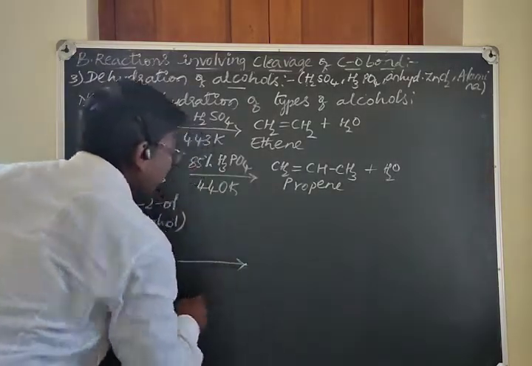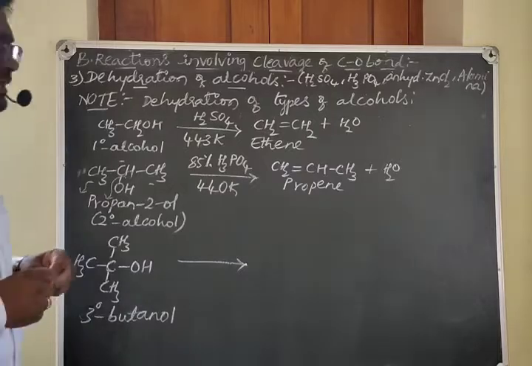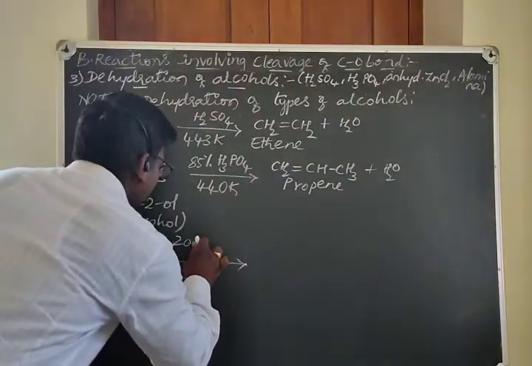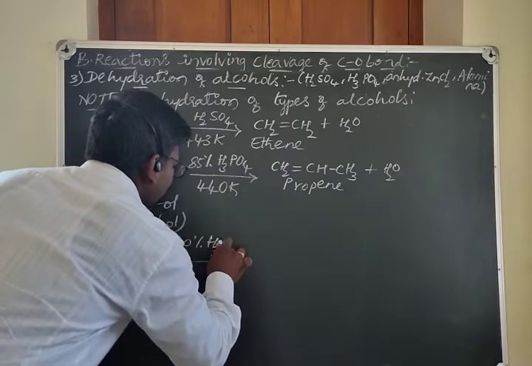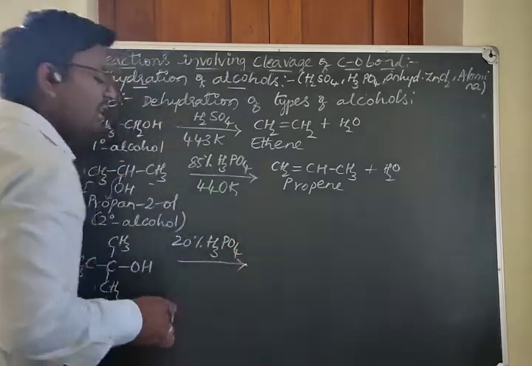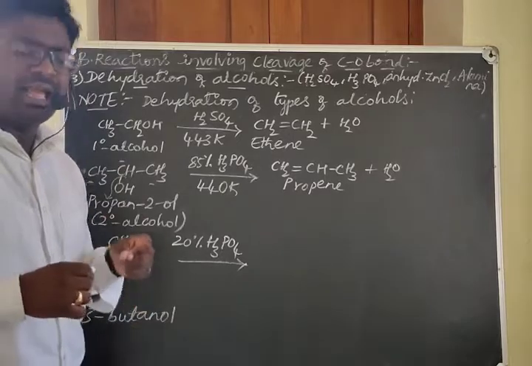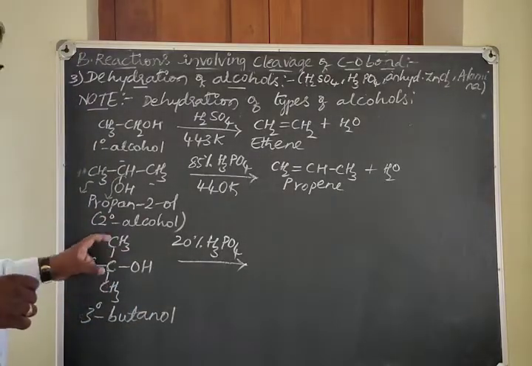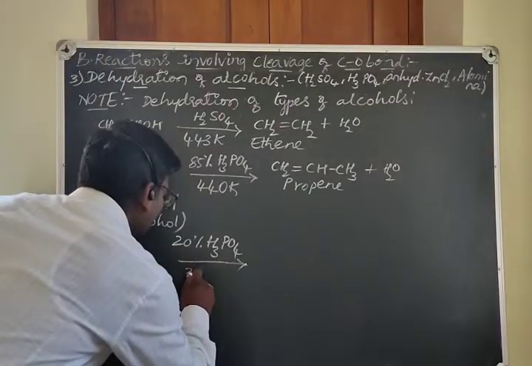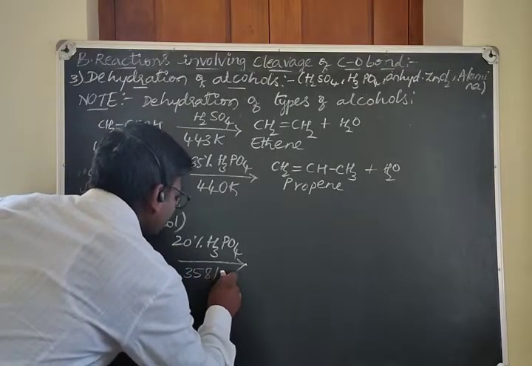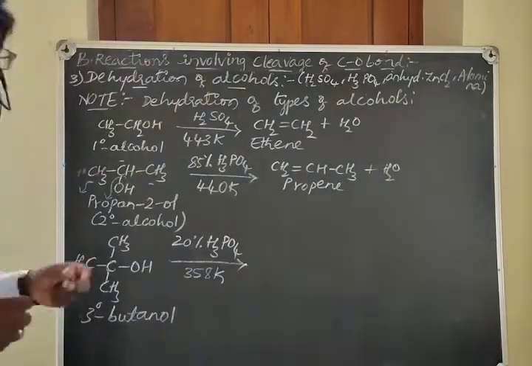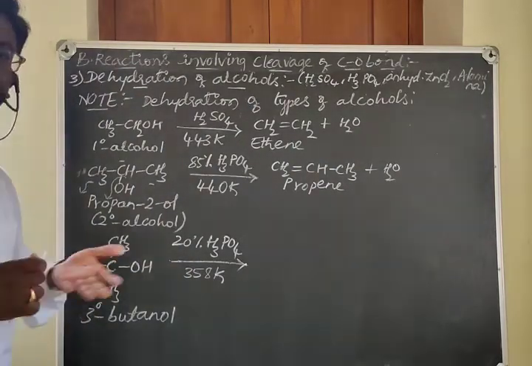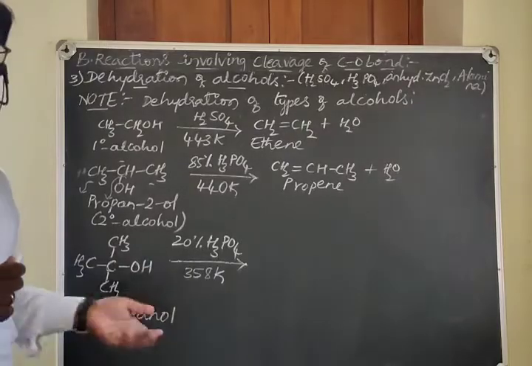When it is subjected to a weak acid, that is H3PO4, whose concentration is also 20%. This much dilute weak acid is enough to dehydrate this tertiary alcohol at a low temperature, that is 358 Kelvin. The temperature required is also less and the strength of the acid is also very dilute and weak.